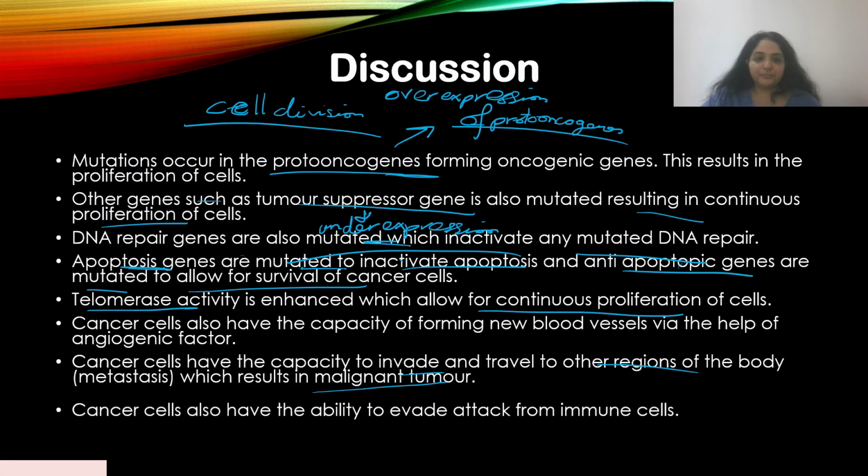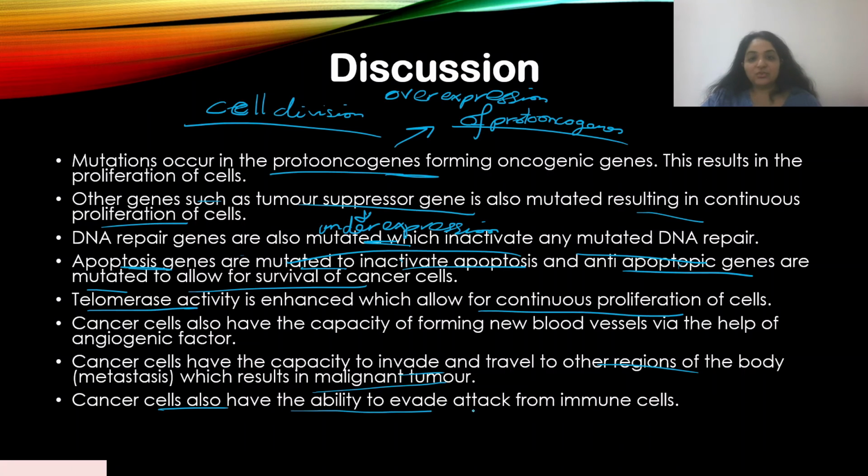Now, cancer cells also have the ability to evade attack from immune cells. Obviously immune cells will think that something is wrong. These are not ours, because they're all mutated genes, so the proteins that will be formed will be different proteins, not our proteins, that don't belong to us. So cancer cells are designed in such a way that they evade the immune cells.